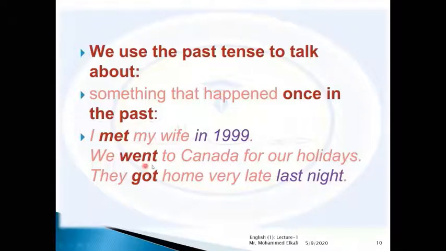We went to Canada for our holidays. So here they went in the past. They got home very late last night. Also got. Met is the past of meet, went is the past of go, and got is the past of get.